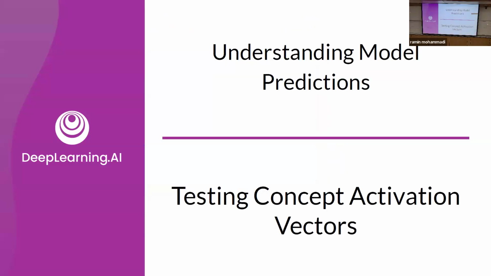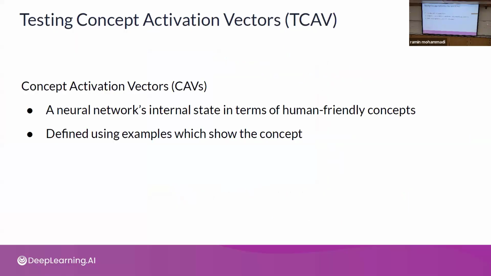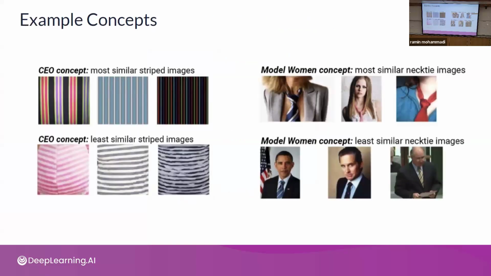So now the next thing, testing with concept activation vectors. These are especially for neural network internal states, if you want to interpret those types of models. You can look at this one. For example, on the left, have you all heard about the definition of concepts?